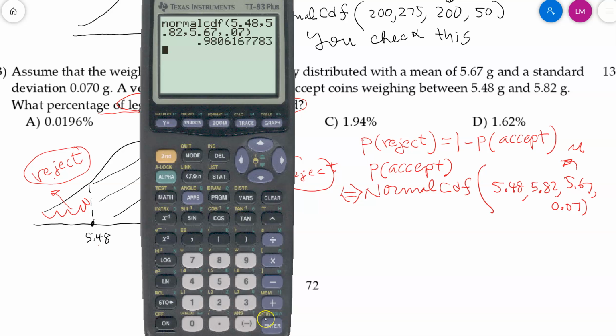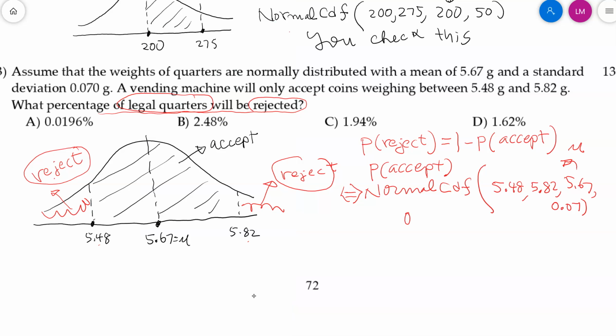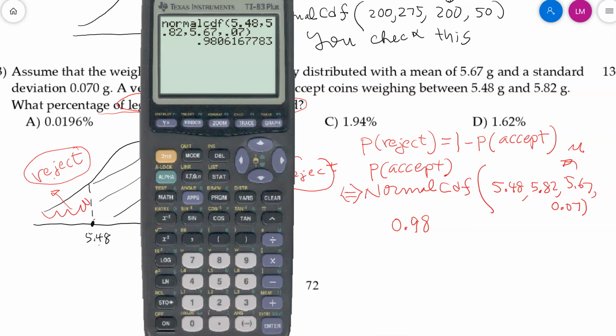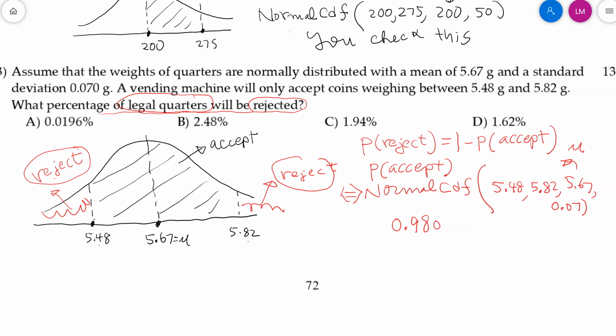If you do that, you're going to get 0.9806. So now, what do you have to do? 1 minus 0.9806. This is accept.